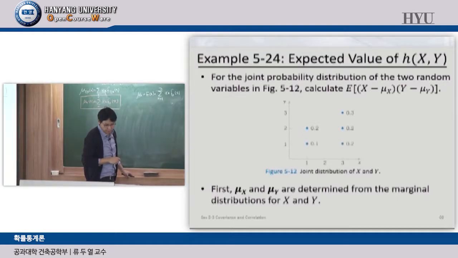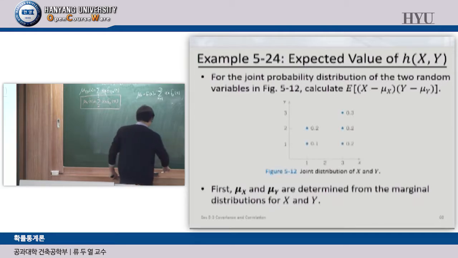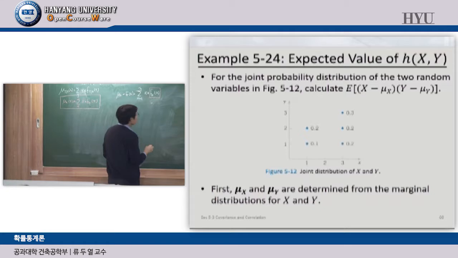That is the equation. And what is the marginal probability mass function?